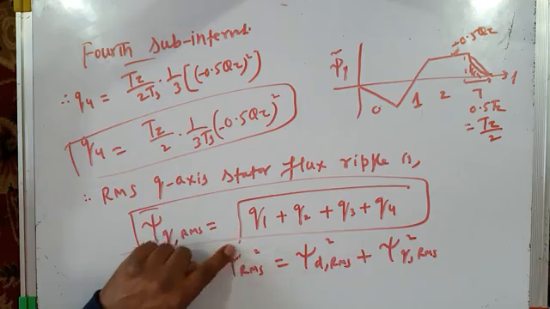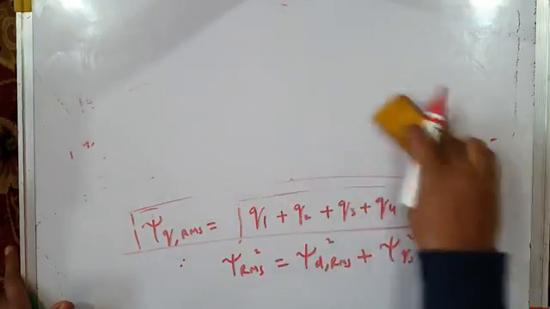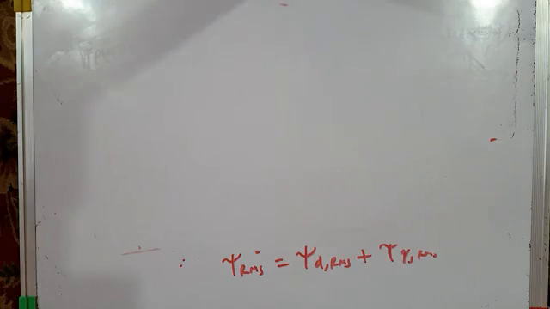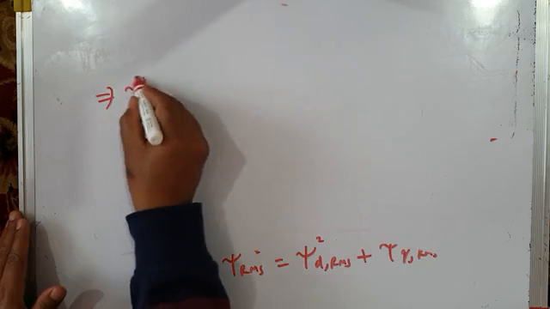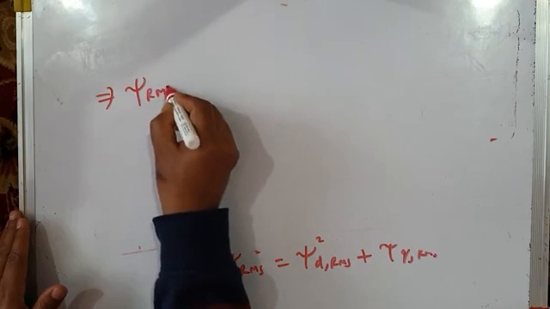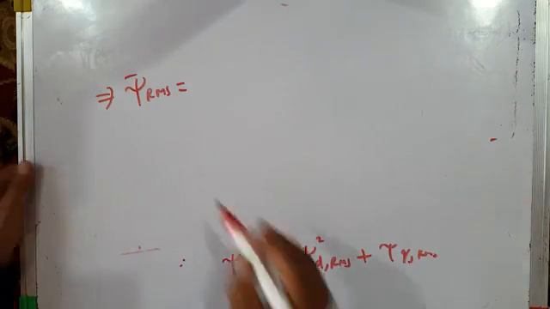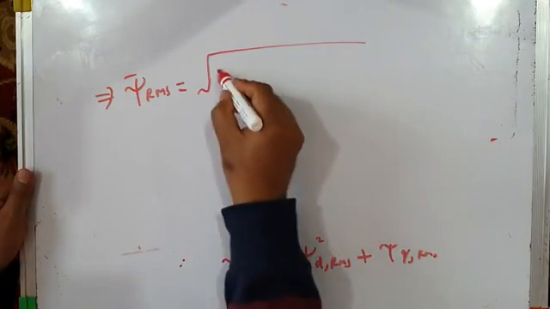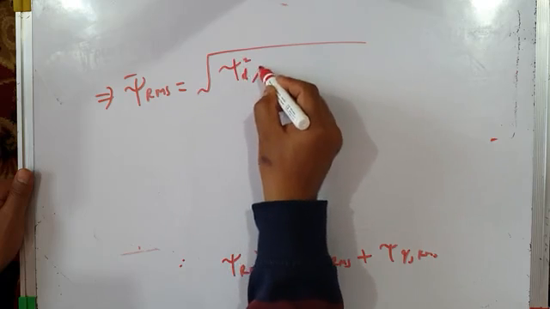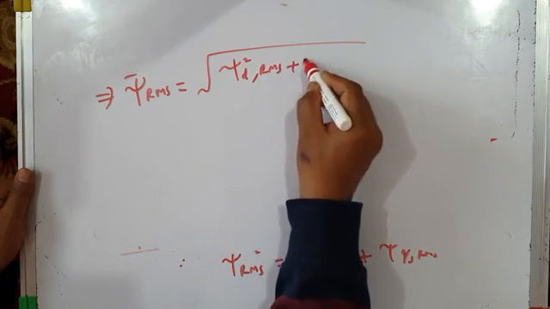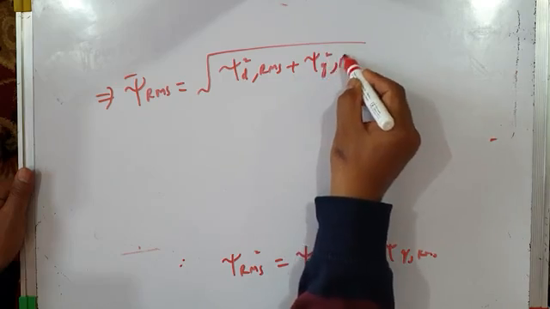So that will give you the total stator flux ripple psi RMS, equal to the square root of psi D square RMS plus psi Q square RMS.